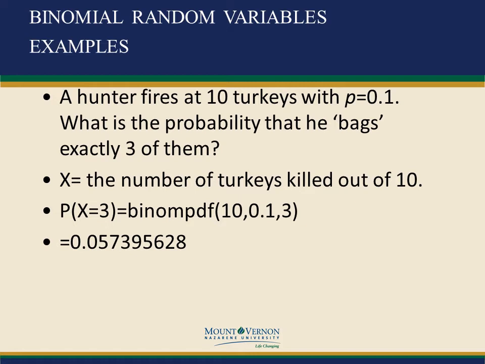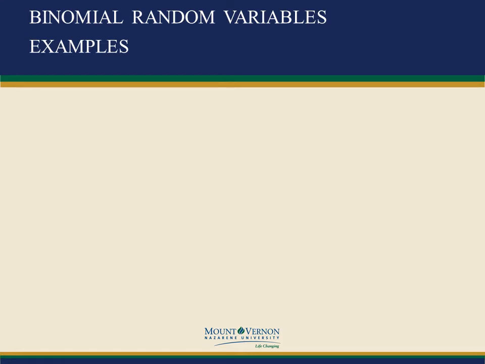You don't need to write down all of those digits for your answers. 4 digits is sufficient. But the calculator will give you 10 digits. And you should keep around the 10 digits for any additional computations, but for your answer, you just need 4 digits. So this is a basic binomial probability problem. Let's take a look at a little bit more complicated binomial probability problem.